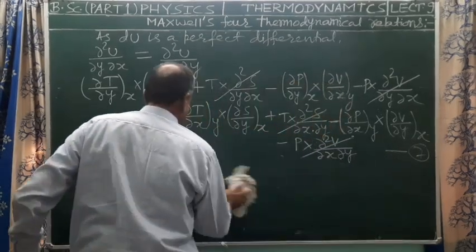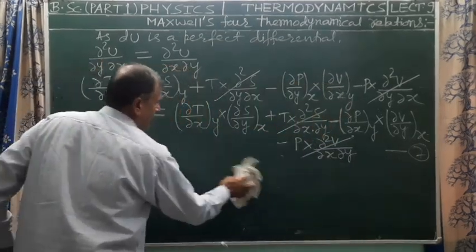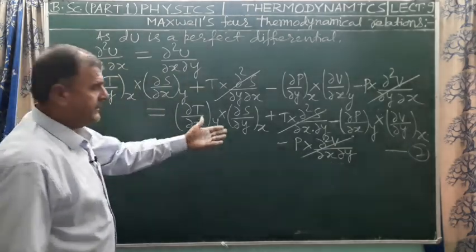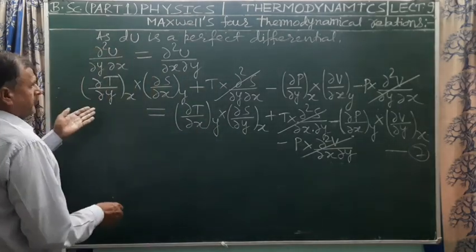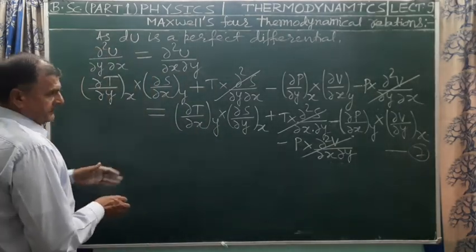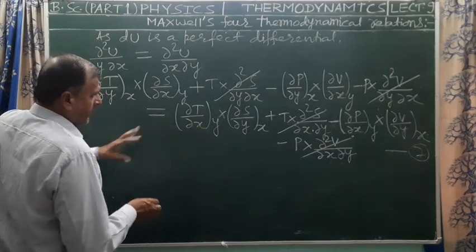So equation 7 becomes, अब कैंसिलेशन के बाद इक्वेशन 7 रिड्यूस हो गया. अब सेकेंड इक्वेशन 7 का फॉर्म होगा.